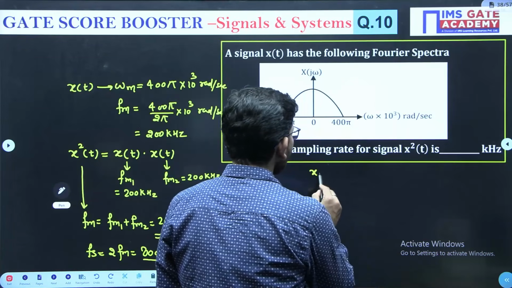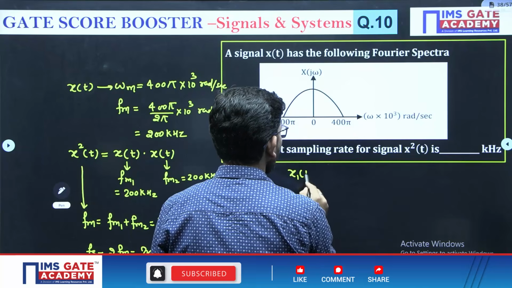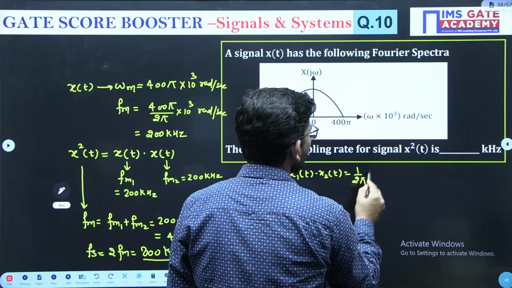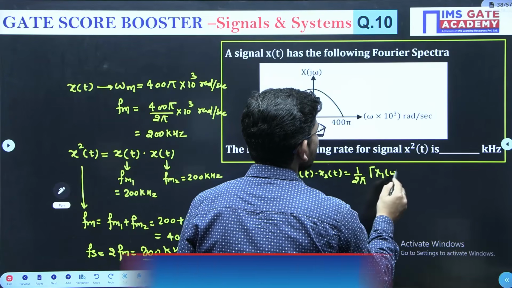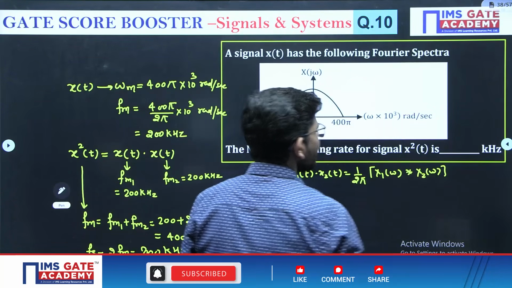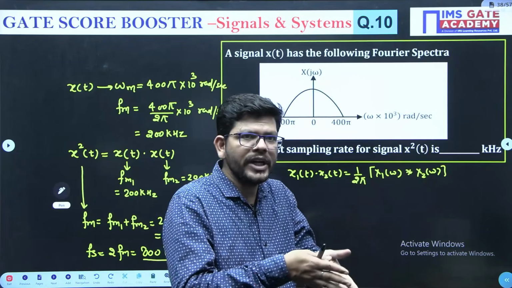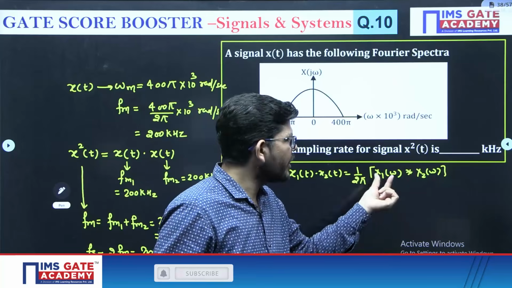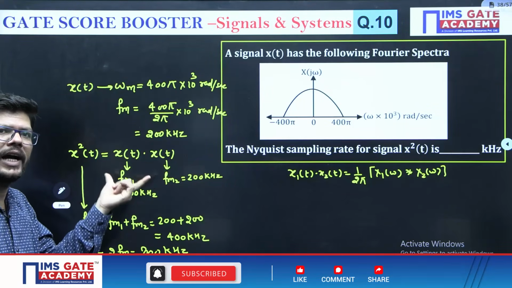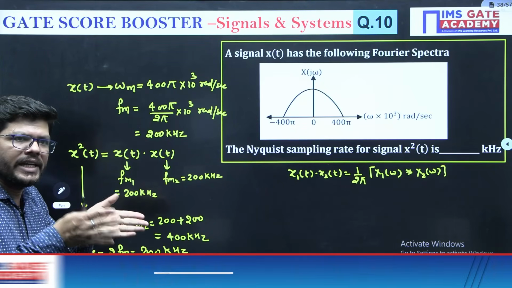So you know that multiplication x1t into x2t is going to be convolution in the frequency domain, right? In convolution the durations are added, so frequencies will be added, and that's why I use this particular result: whenever you have multiplication, the maximum frequency will be the addition.